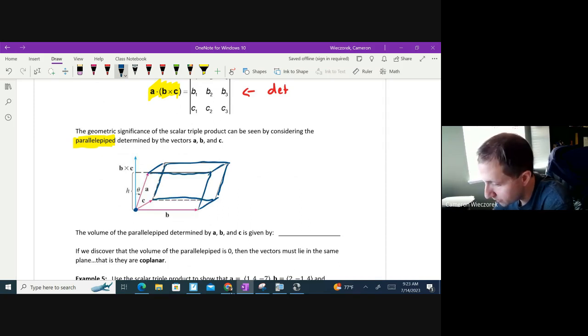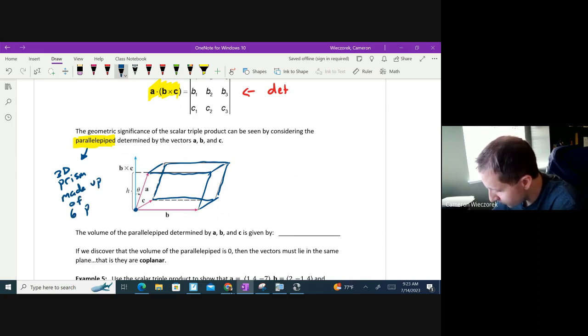That is what we call a parallelepiped. So this is a 3D prism made up of 6 parallelogram faces. Geometrically, that's what it is.